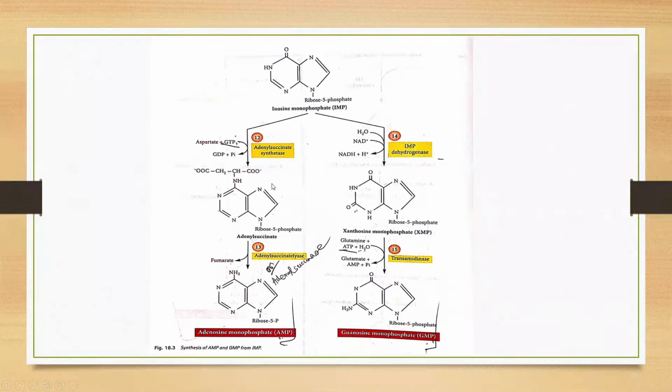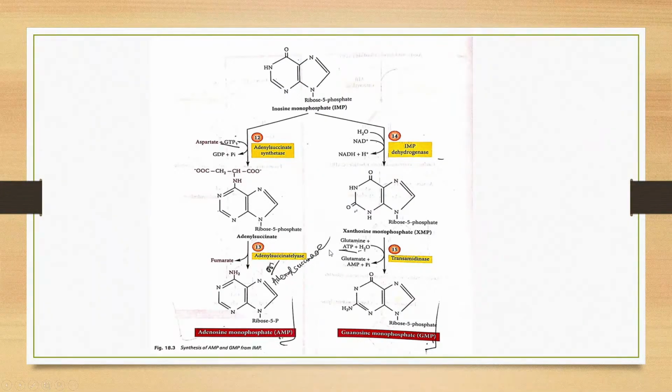This reaction is powered by the hydrolysis of GTP, so the energy comes from GTP. Now the amino group of aspartate is linked to IMP, and the remaining carbon skeleton is clipped off as fumarate, resulting in formation of adenosine monophosphate, or AMP. The reaction is catalyzed by adenylosuccinate lyase.